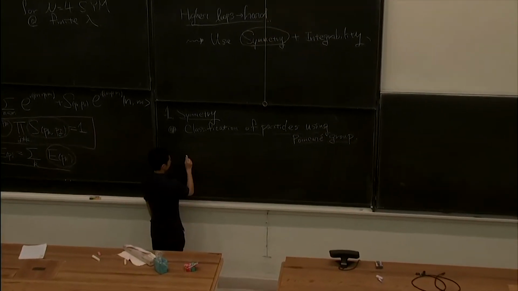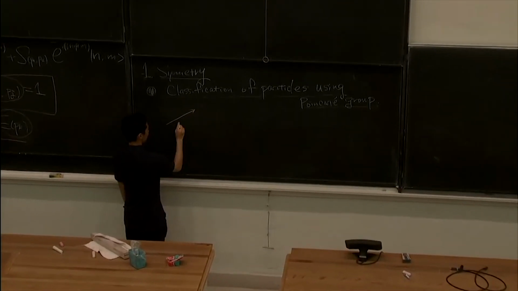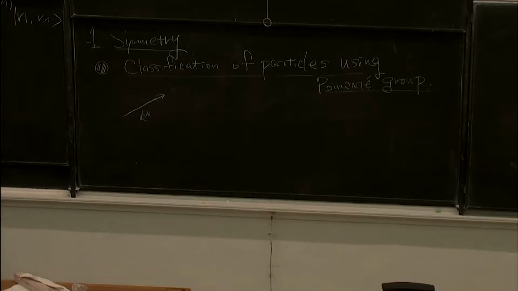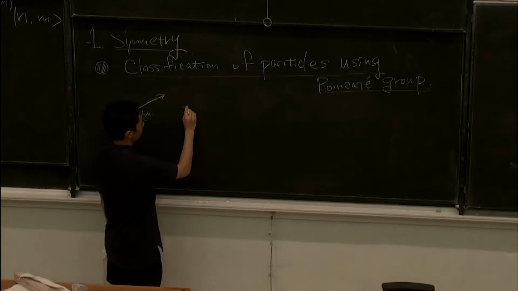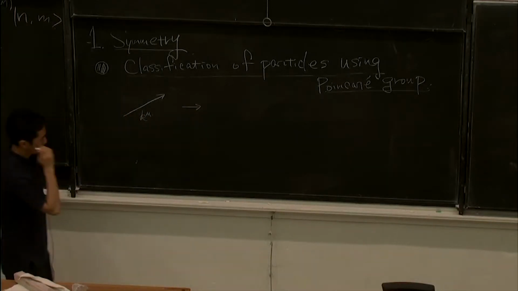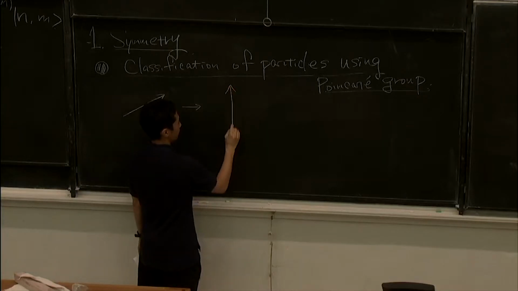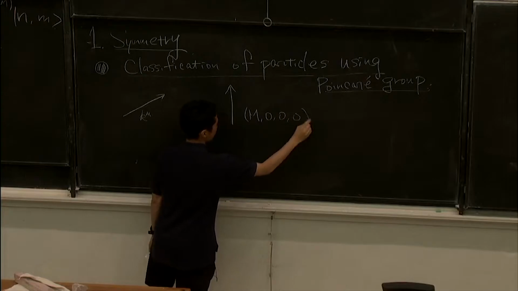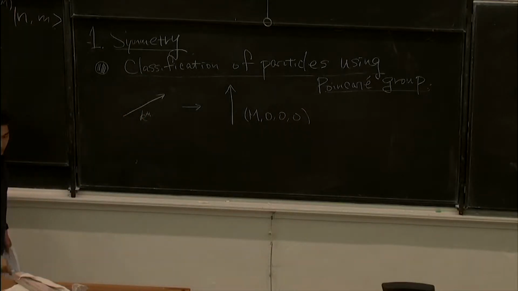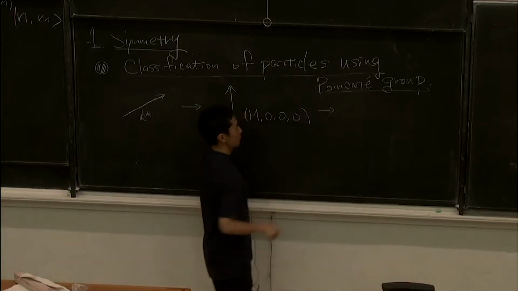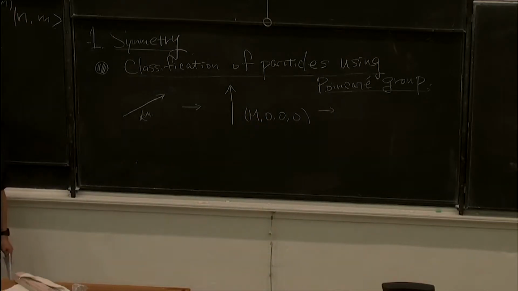What we want to do is to classify the particles moving in Minkowski space, let's say with momentum k. The typical way of classifying a particle is to first go to the rest frame, in which the four-momentum takes this value. After going to the rest frame, you ask what the little group of this momentum is.